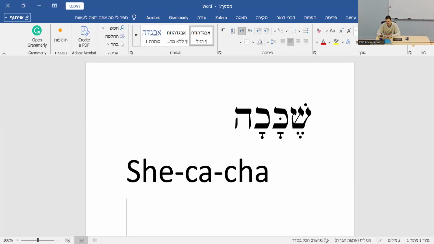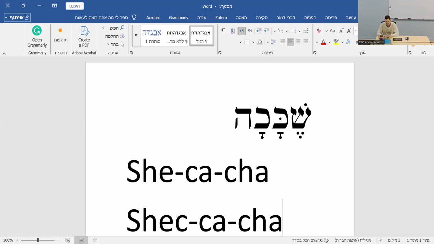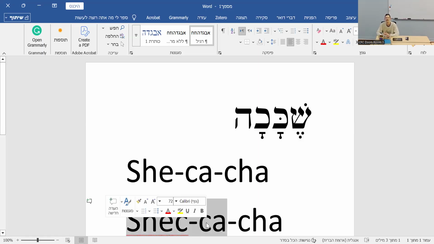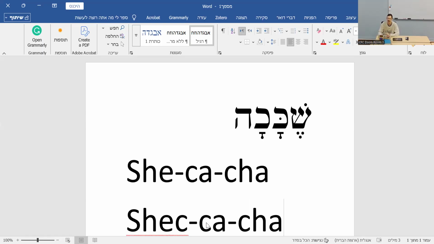It's a puzzle because it could be, like the example above, shikacha. So this is where the comment comes from with the double mem.